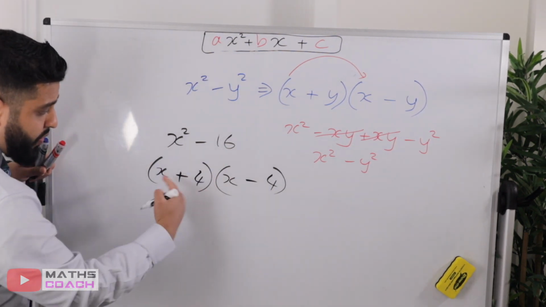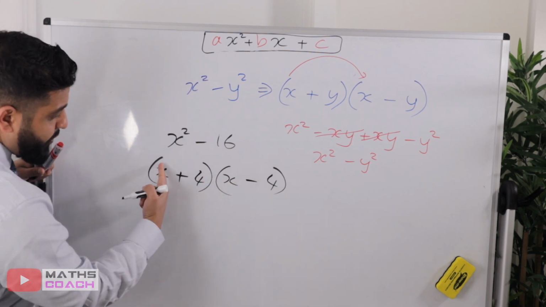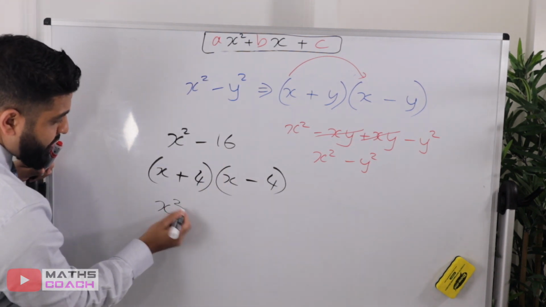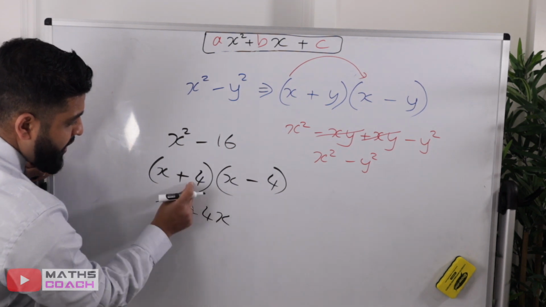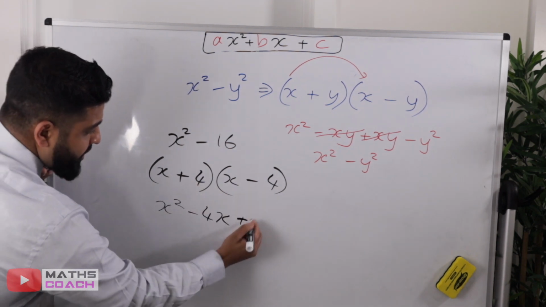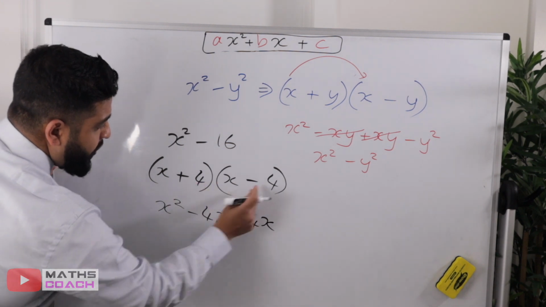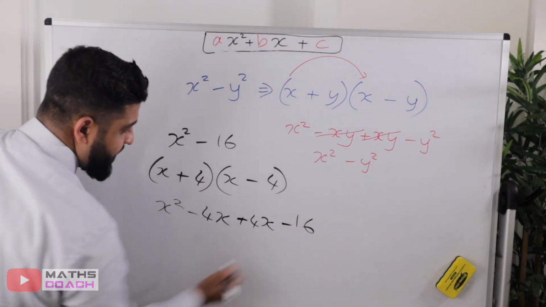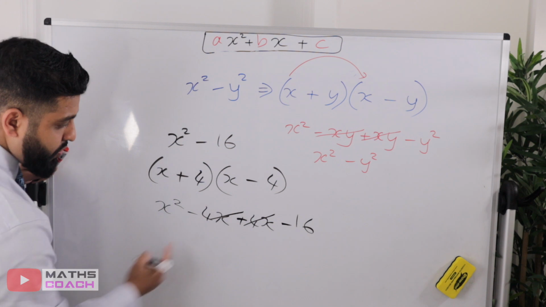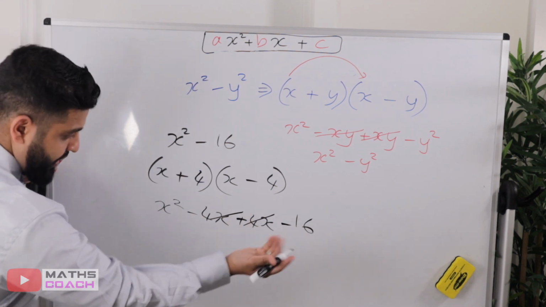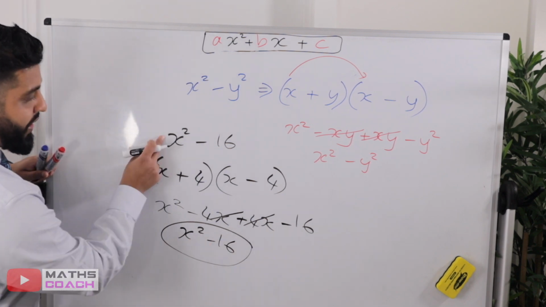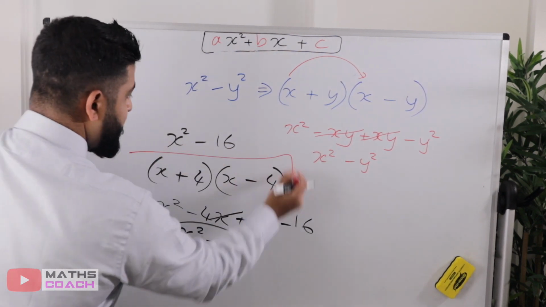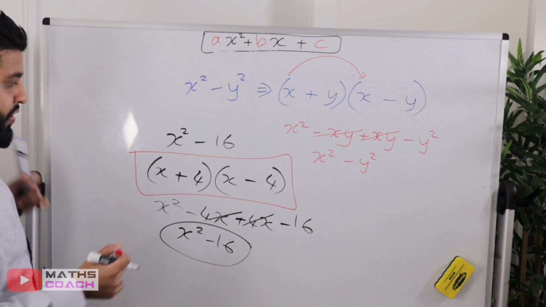You can check this as well to see that it is factorized correctly by doing x times x, which is x squared, x times minus 4, which is minus 4x, 4 times x is positive 4x, and then 4 times minus 4 is minus 16. And look here, they cancel because minus 4x plus 4x cancel. Then you're left with x squared minus 16, which is exactly what you had at the start. So this is the factorization of that.